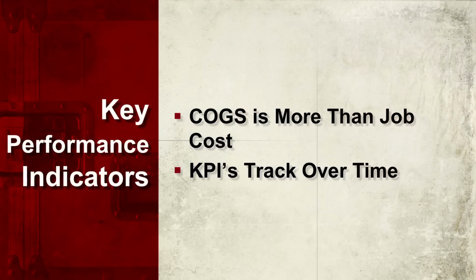So when I'm talking about key performance indicators, I do want to separate the idea of job costing and looking at metrics on a job cost basis, which is one project at a time, versus a key performance indicator, which is going to look at those metrics over time.